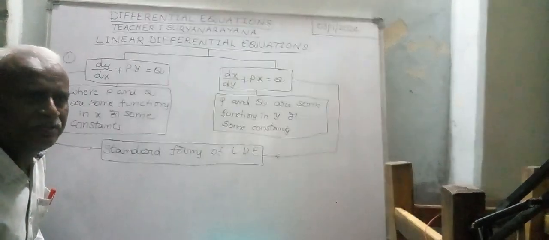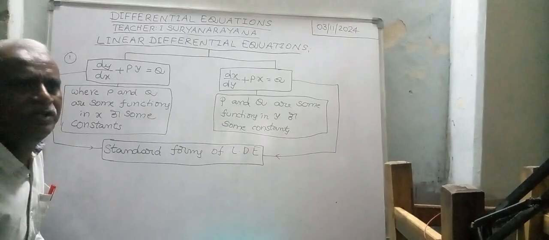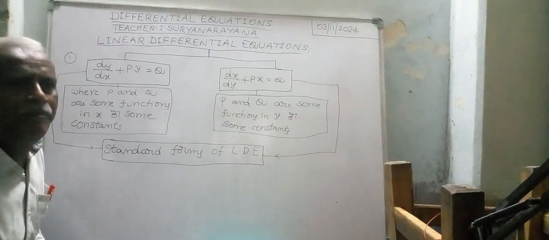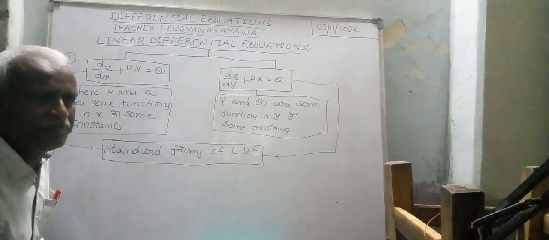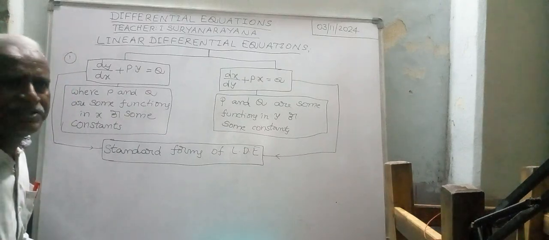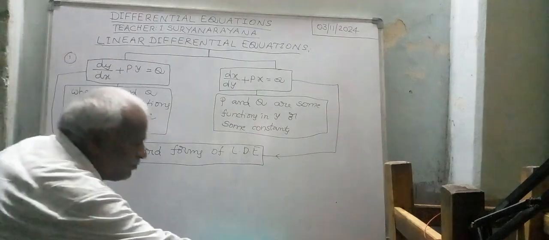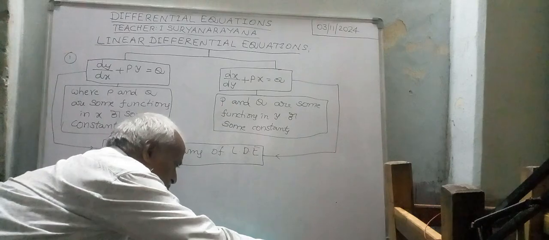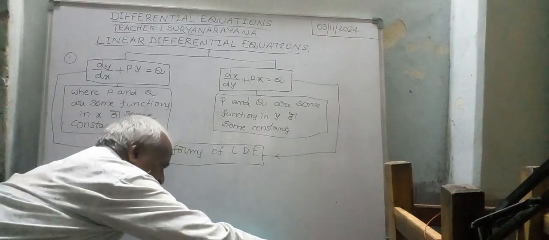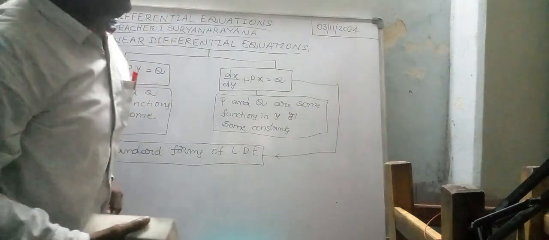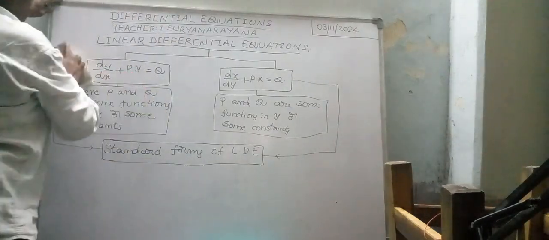It is the easiest method, only 3 steps. You have to remember these 3 steps. Shall we go to the next point? In the second point, we are going to discuss how to solve.